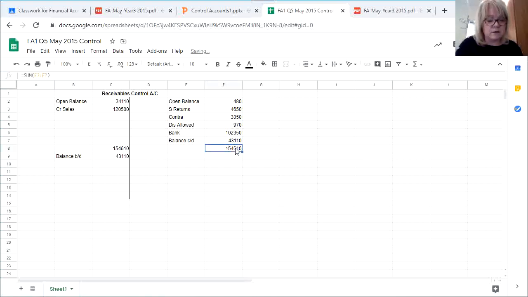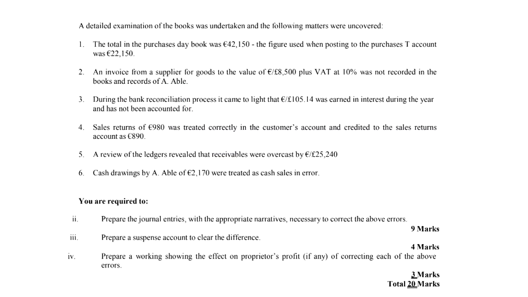And just to highlight that they are totals, I'm going to put them into bold, and you can format them as well for totals. So I'll just put a little line underneath those as well. Okay, and that's your receivables control account.